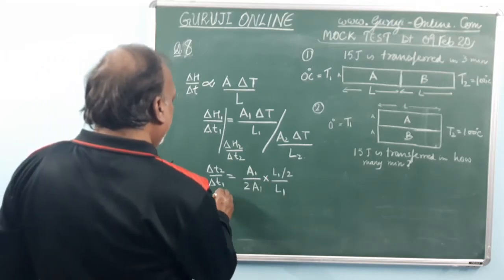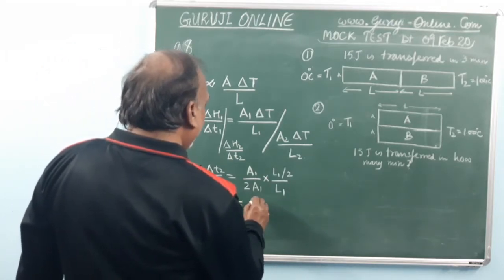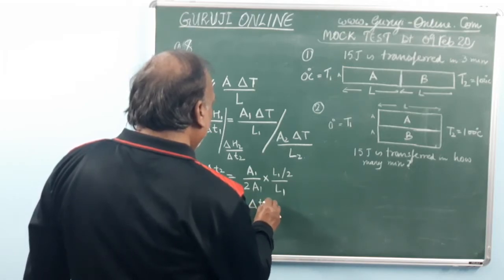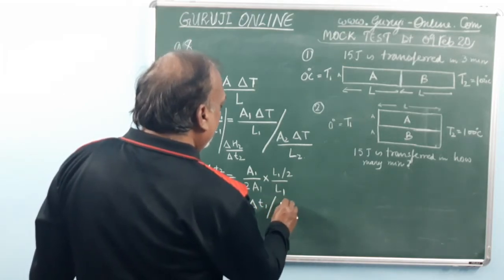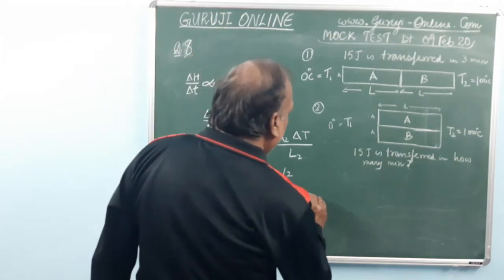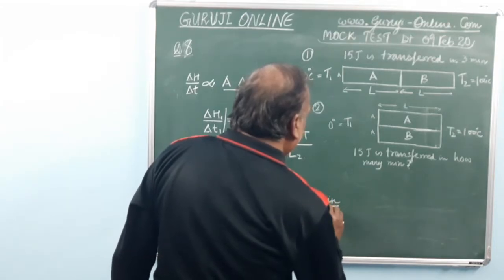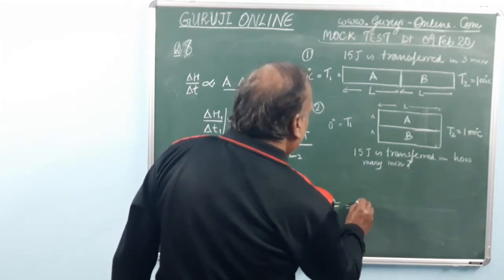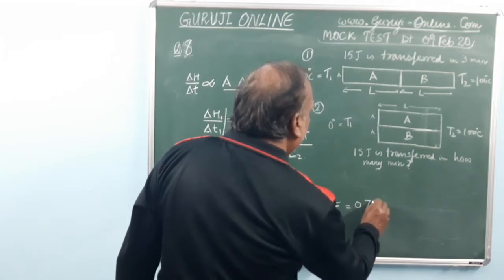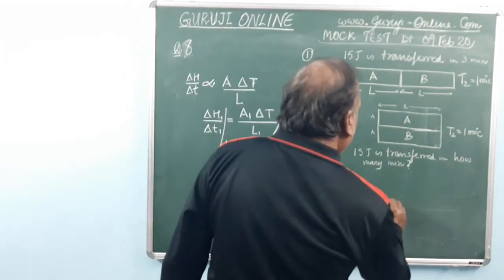So the time t2 which we have to find out will be nothing but t1 upon 4, or 3 minutes divided by 4, which is 0.75 minutes.